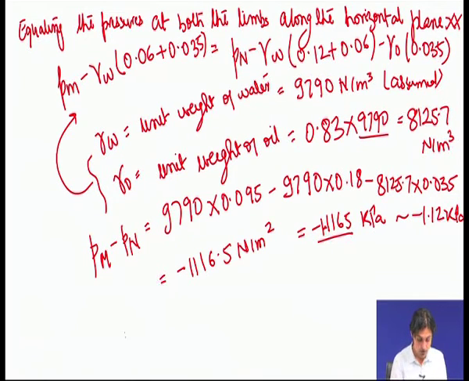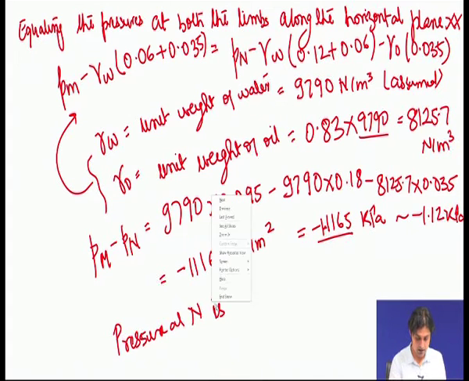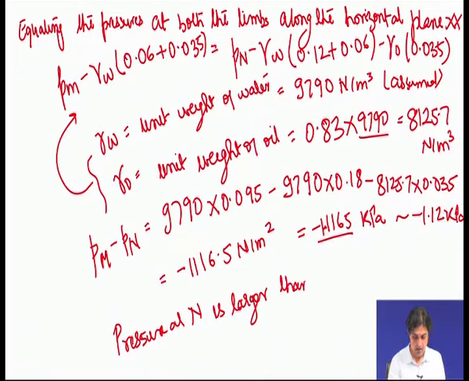So the answer is going to be, because it's negative, that the pressure at N is larger than at M by 1.12 kilopascal.